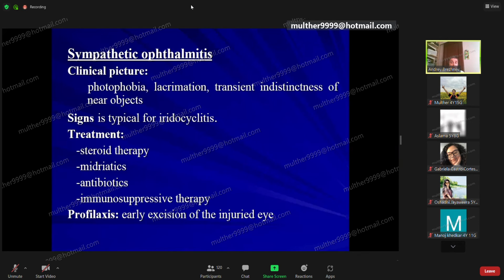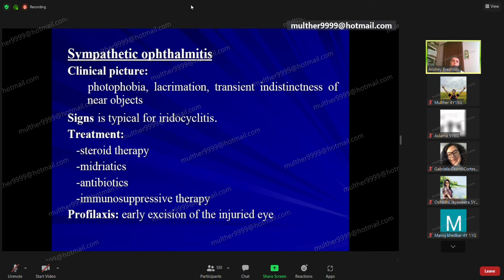But if your patient has a history of trauma of one eye and you see such symptoms on the other eye, oh, it's a very, very bad symptom, and at that same moment you should start a very thorough examination, sometimes even with the help of immunohistochemical laboratory tests to prove or to exclude the diagnosis of sympathetic ophthalmitis, because treatment is very, very difficult.